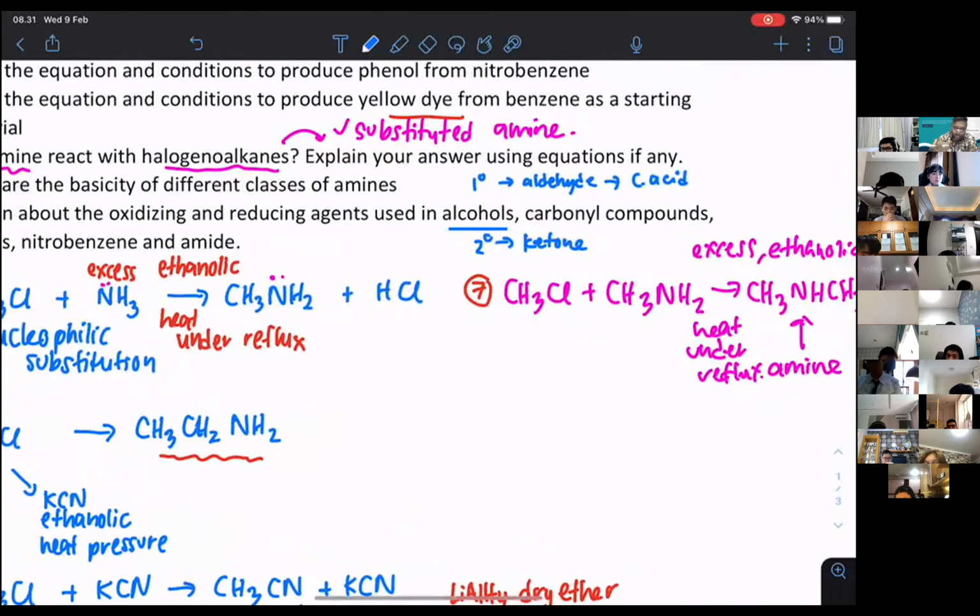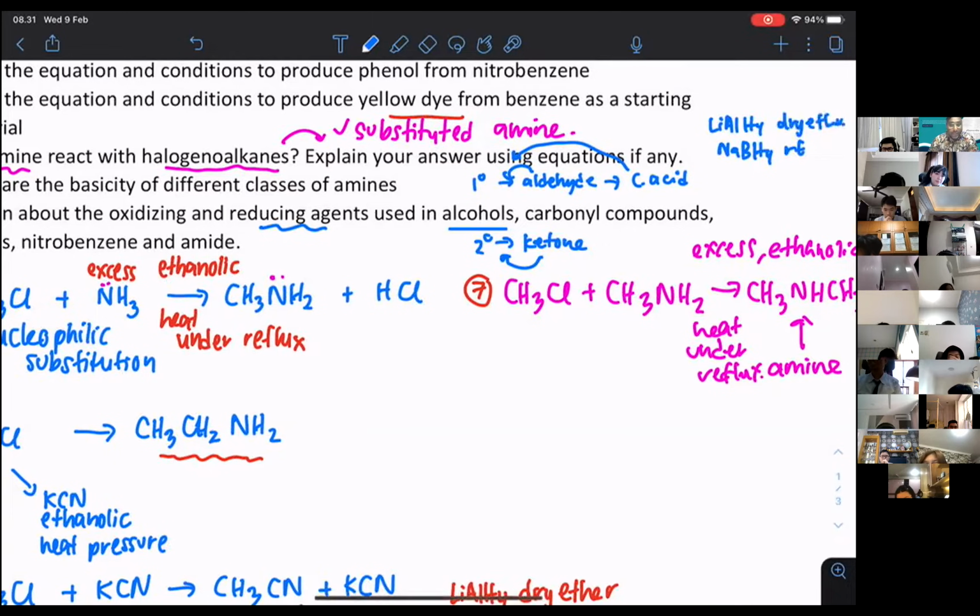If I want to use a strong oxidizing agent, KMnO4 or K2Cr2O7, you can oxidize them. But let's talk about reducing agents. If I want to reduce back, you can use LiAlH4 and NaBH4, at room temperature in dry ether.